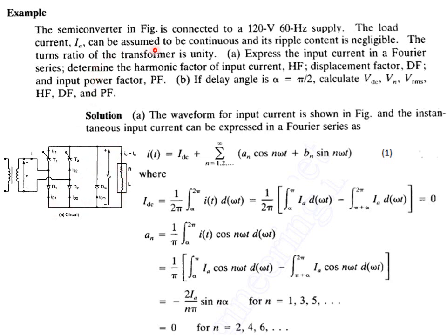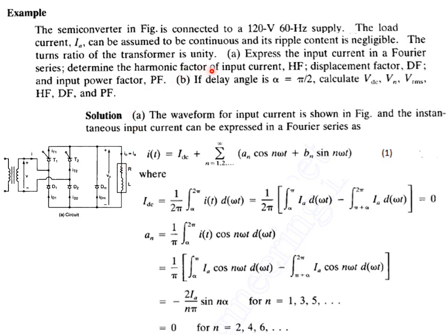In this problem we say that it is connected to 120 volts, 60 hertz, which is the RMS value. The load current Ia is assumed to be continuous and its ripple content is negligible, so we assume it to be a perfect DC.